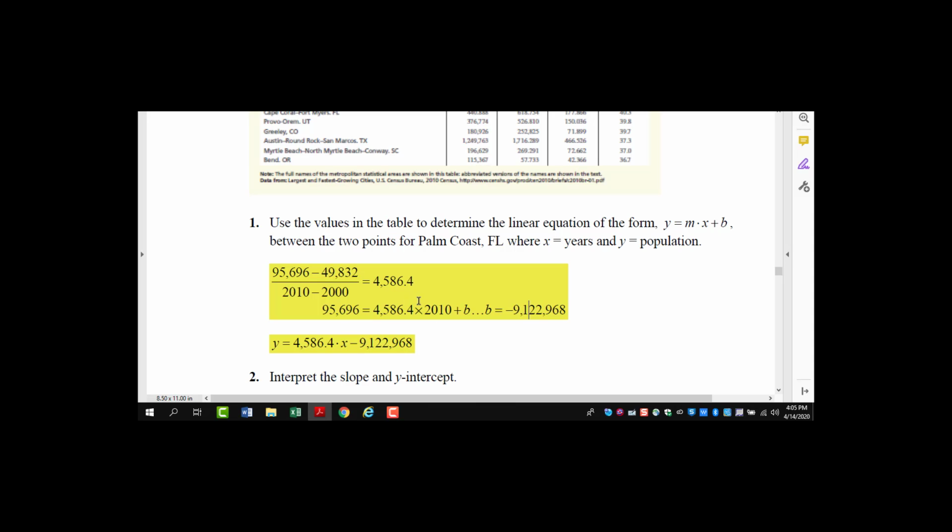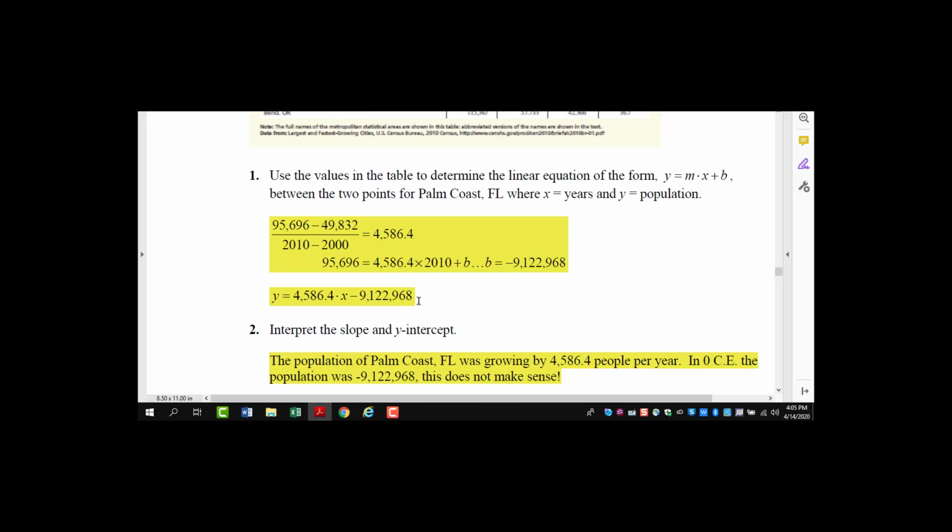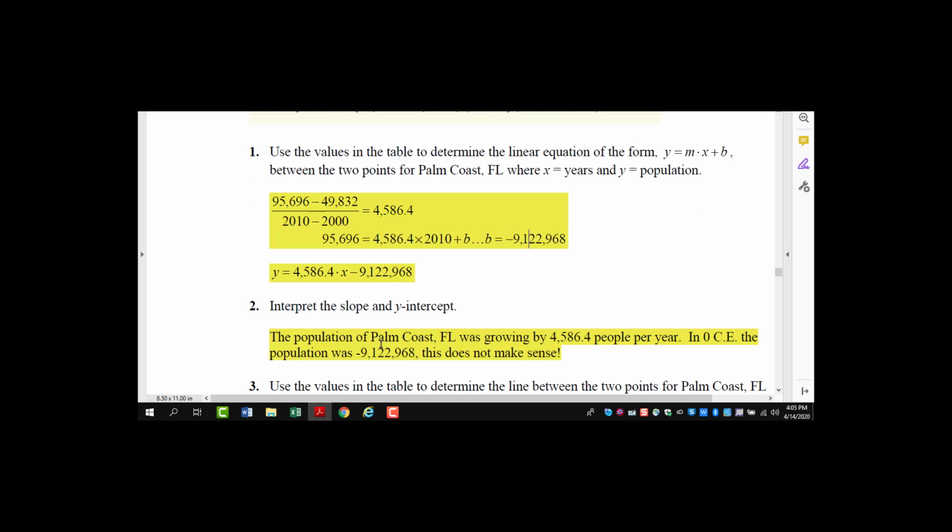So we almost always would do this by saying, let the year 2000 equal 0. And that's what we're going to do. See, if I was going to interpret the population from this equation, the population of Palm Coast, Florida was growing at 4,586.4 people per year. In the year 0 CE, which is 0 AD, which is the year Christ was born, the population was a negative 9 million.